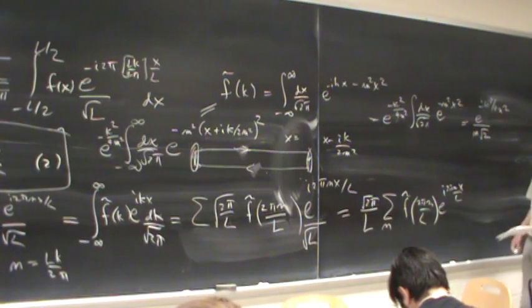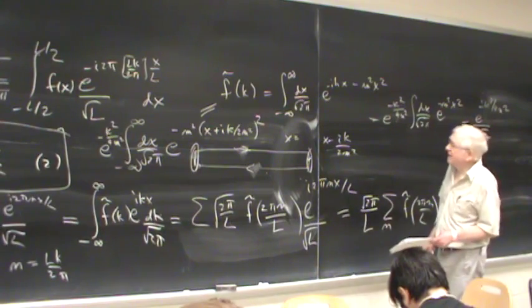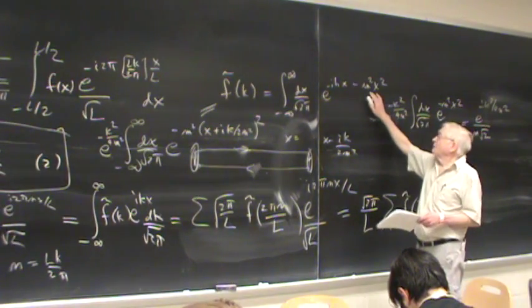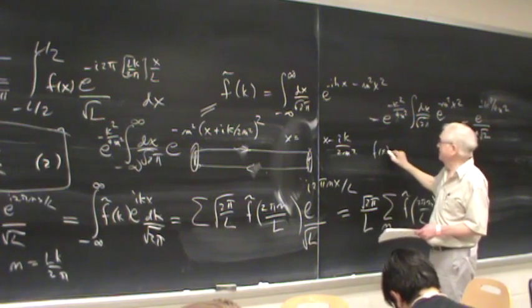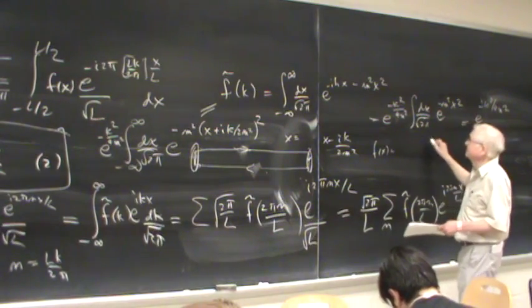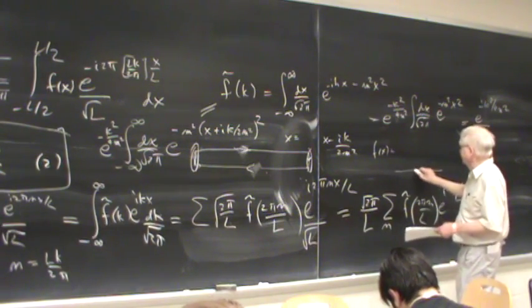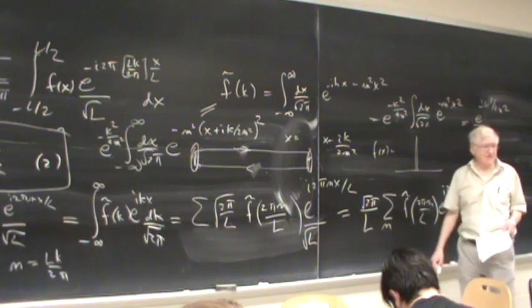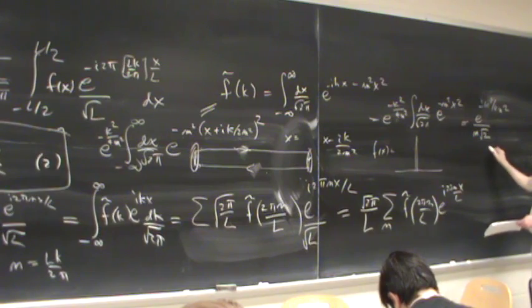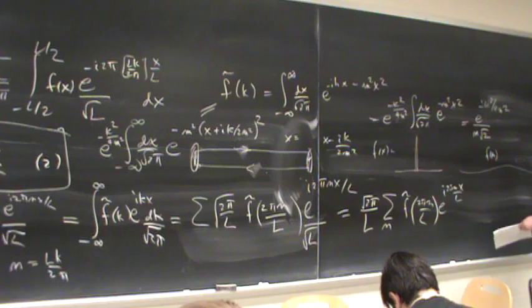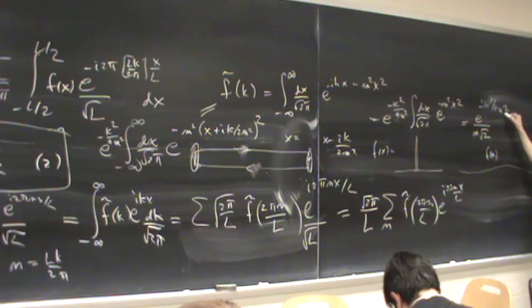Notice, though, that the two Gaussians are very different. The original Gaussian, if m is big, f of x looks something like this. Looks like that, if m is large. On the other hand, if m is large, f tilde of k looks like this. Very broadly peaked, because it's e to the minus k squared over m squared, and m squared is big.